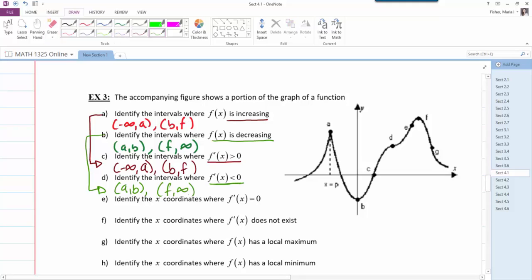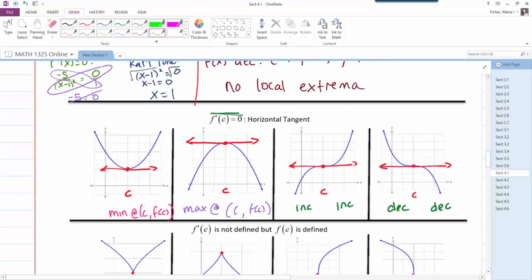Then it's asking us to figure out what are the x coordinates where the first derivative is equal to 0. That means that we're looking for horizontal tangents. We need to find the places where we're going to end up with a horizontal tangent in that graph.